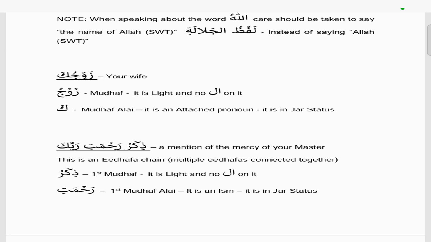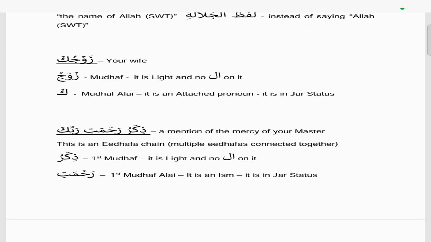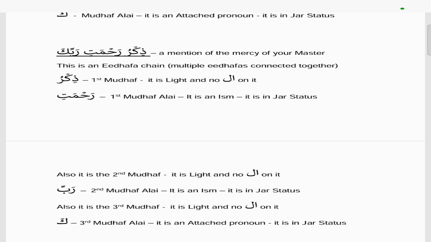And the kaf is a mudaf ilay, an attached pronoun, and the independent pronoun version is anta, which means you, masculine, which becomes ka as an attached pronoun. Therefore, because it's a mudaf ilay, it is in jar status, even though it doesn't look like that because it's got a fatha on it.